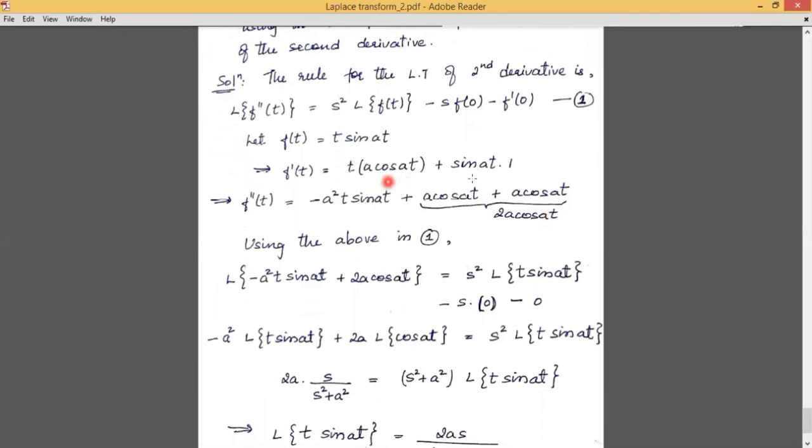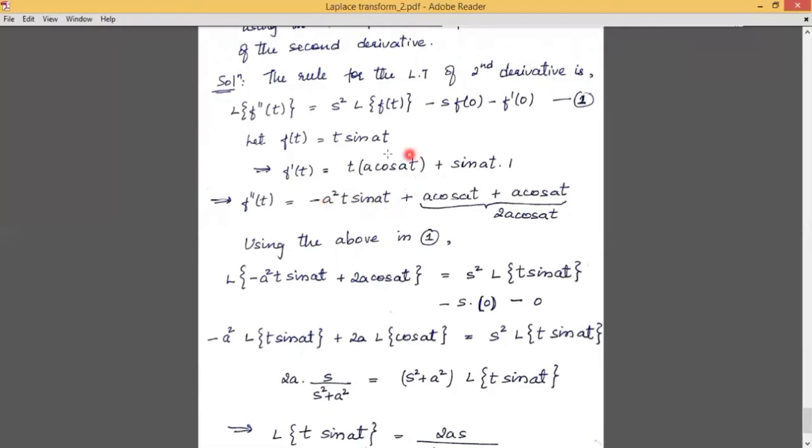And again differentiating this with respect to t, here you should again use product rule. Okay. So here you will get t into minus sin at into a. So that is how we'll get minus a square t sin at.